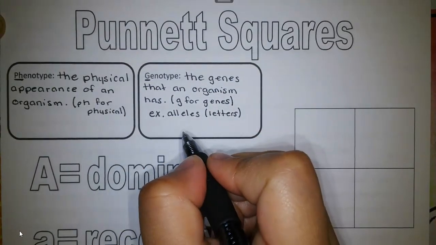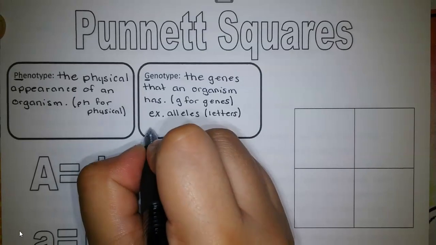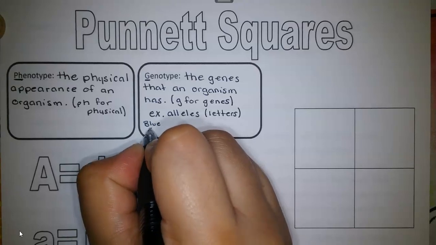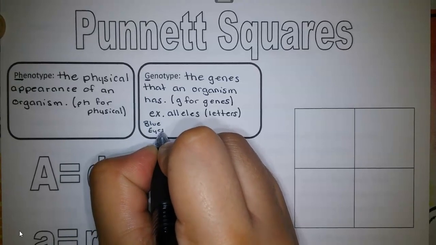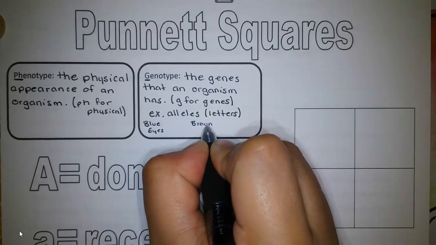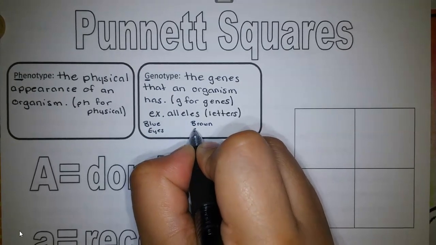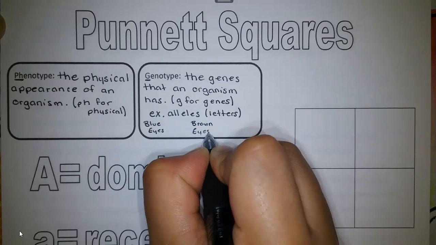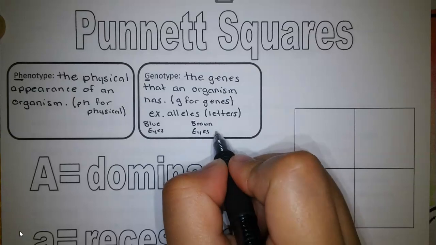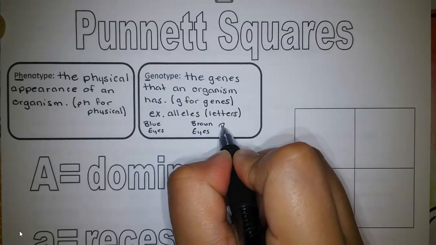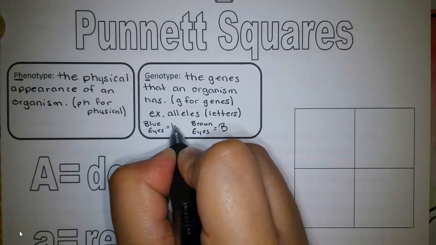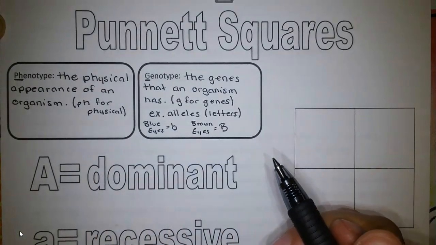So for example, if I'm talking about blue eyes and brown eyes, I know that brown eyes are dominant over blue eyes, so brown eyes would be a capital B, and blue eyes would be a lowercase b.